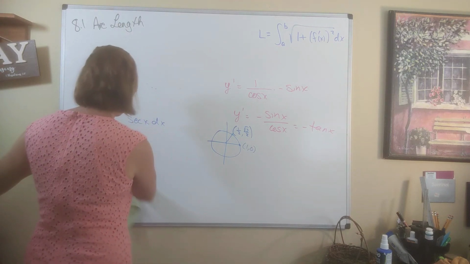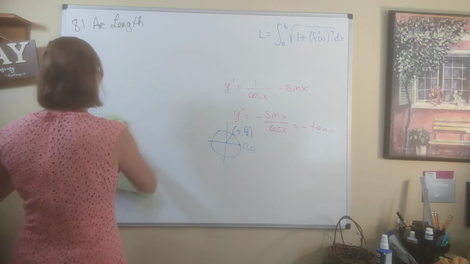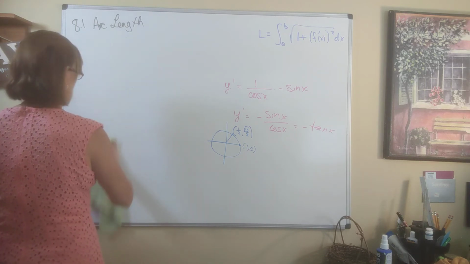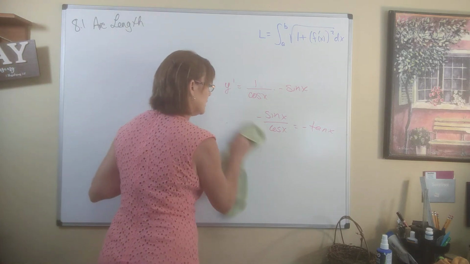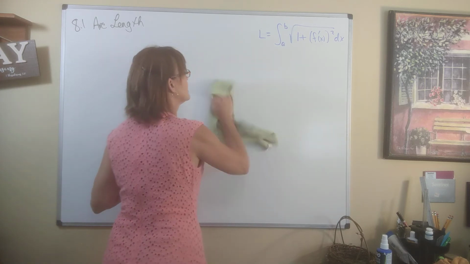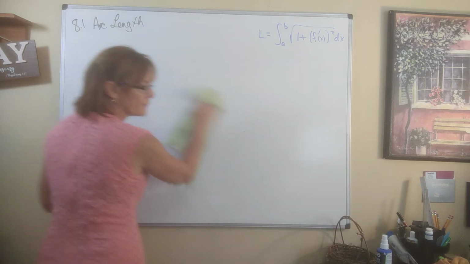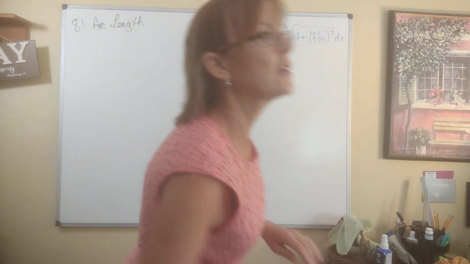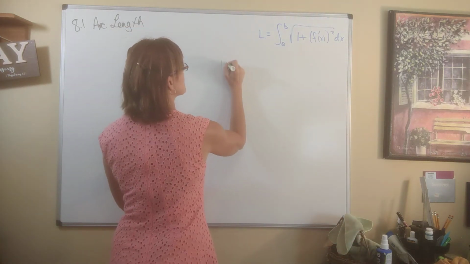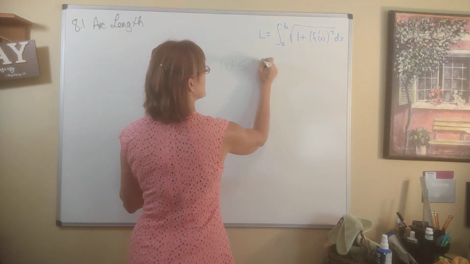So let's look at that absolute value symbol and remember how that works really quickly. If we have the absolute value of x, it's got to be less than or equal to 91.2.